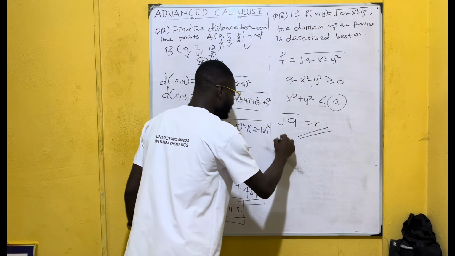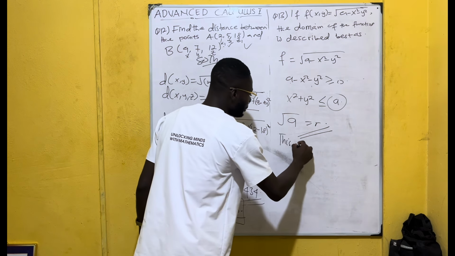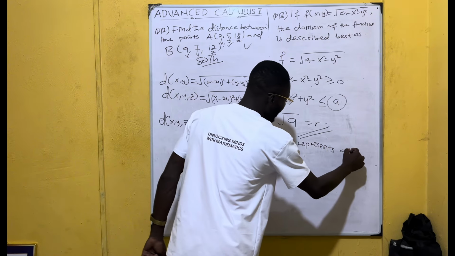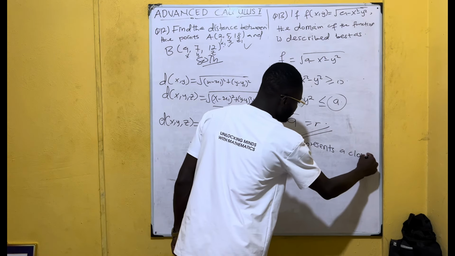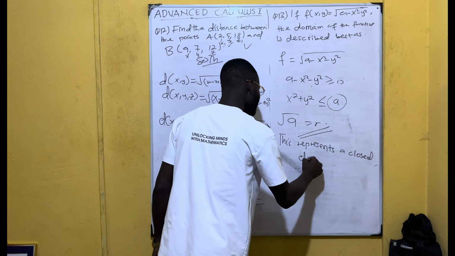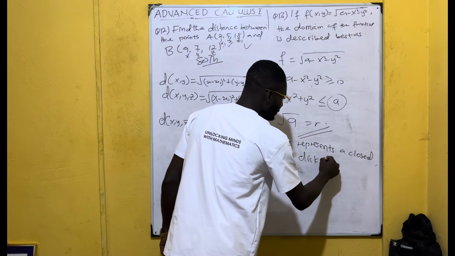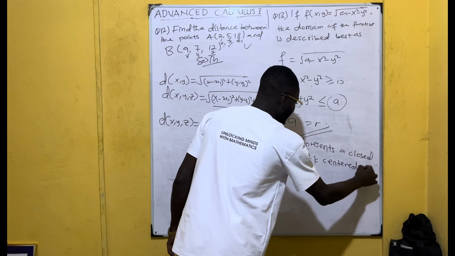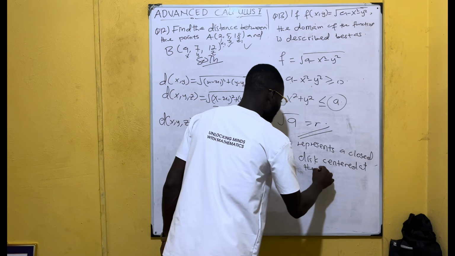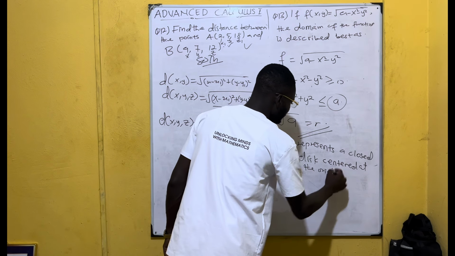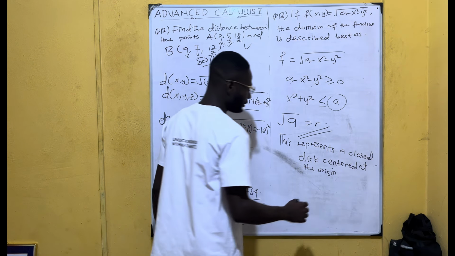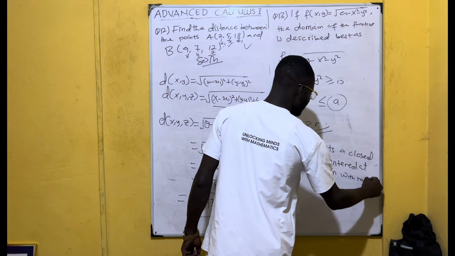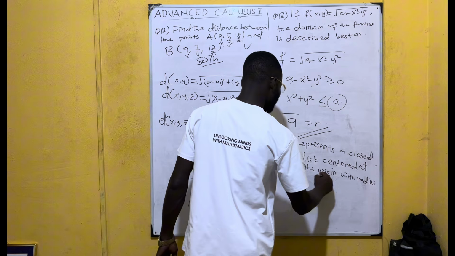So this represents a closed disk, right? Centered at the origin, okay, centered at the origin with radius square root of what?